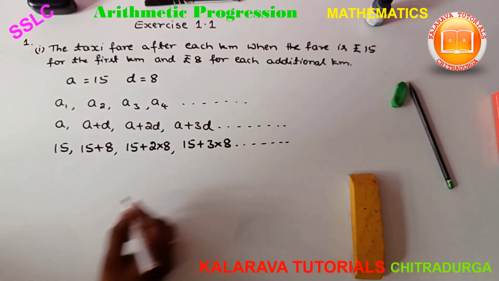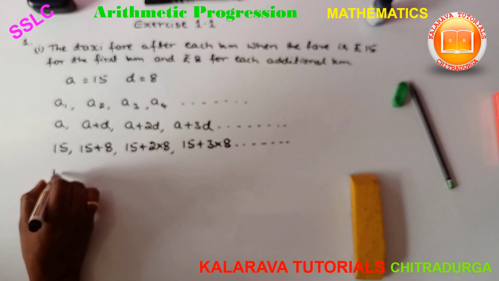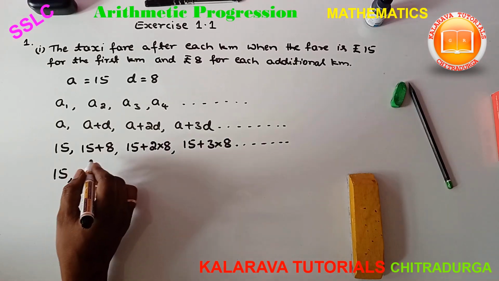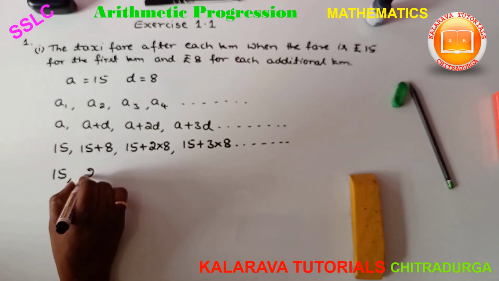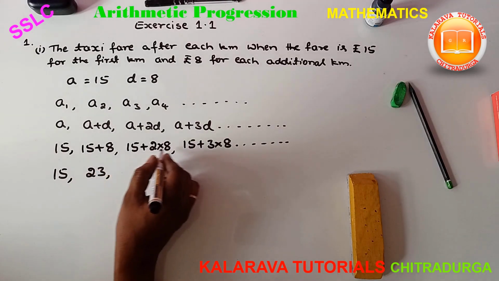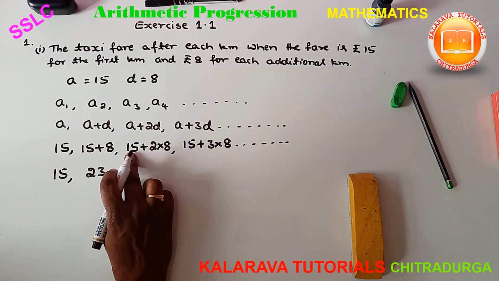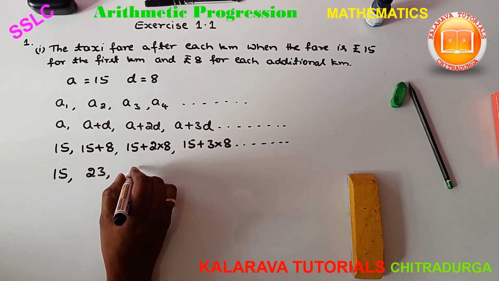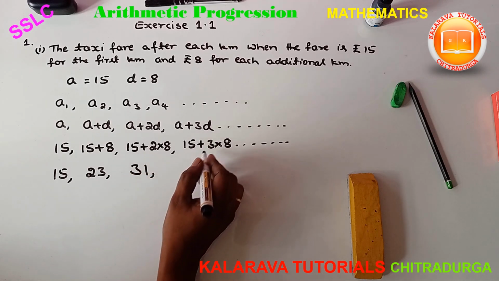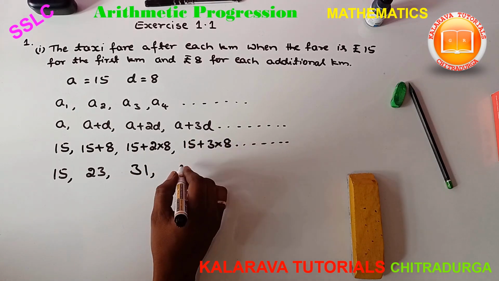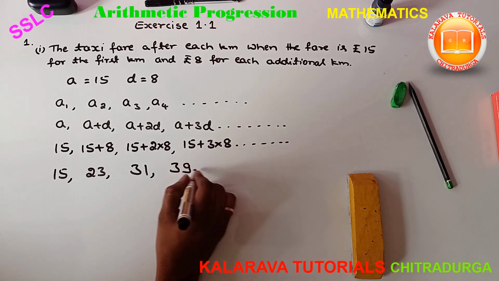So we observe here: 15, and 15 plus 8 gives you 23, then 8 into 2 is 16, 16 plus 15 is 31, and 8 threes are 24, 24 plus 15 is 39, and so on.